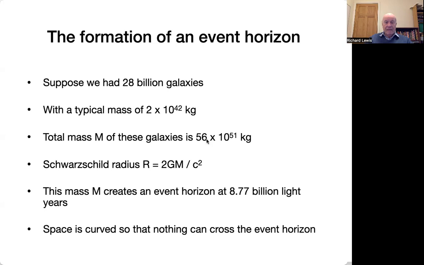And for this mass, that event horizon will be at 8.77 billion light years. Now, space is curved so that nothing can cross the event horizon. The reason for these figures, for the position of the event horizon, will become clear later.